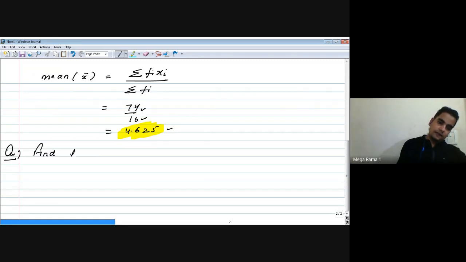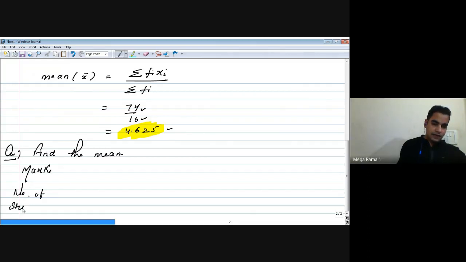Find the mean. These are the marks, and here I'll be writing the number of students. In many situations, you will come across such questions, right?